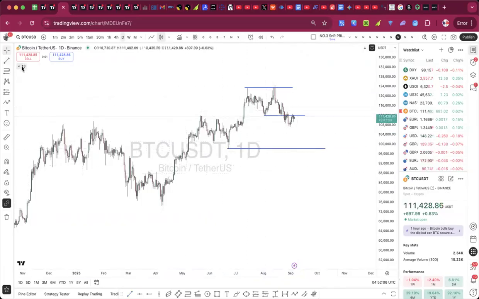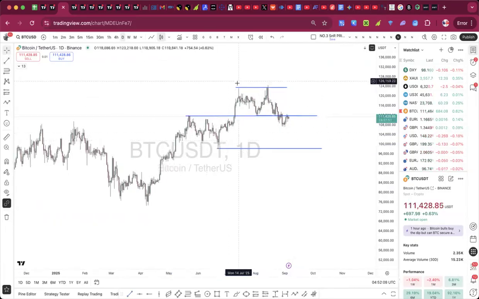All of these are pivot points. Now this is a high, this is a low, and this is a high. This is a low, and this is a high. Now we broke this.